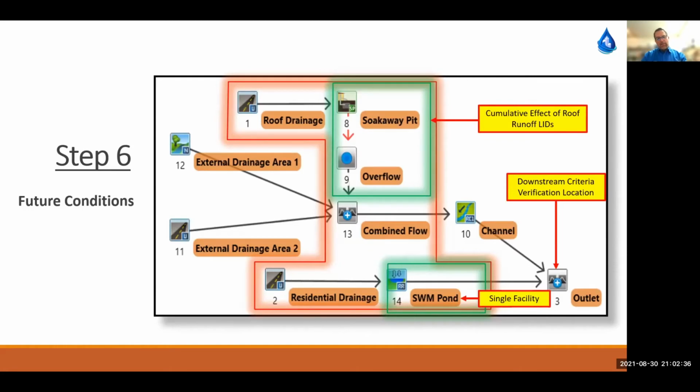And again, the controls that are being proposed are shown in the green rectangles, and we're evaluating whether or not those controls are sufficient to meet the flood control, the water quality control, the water balance, and the erosion control requirements.